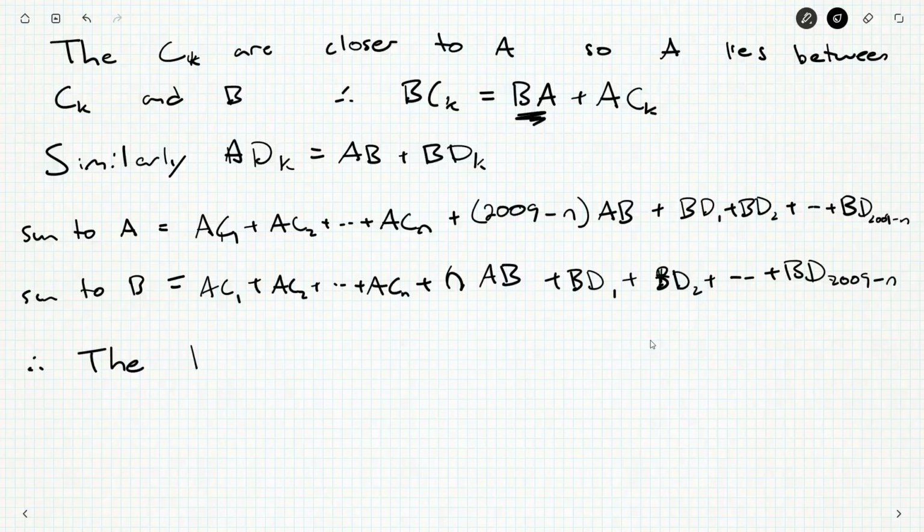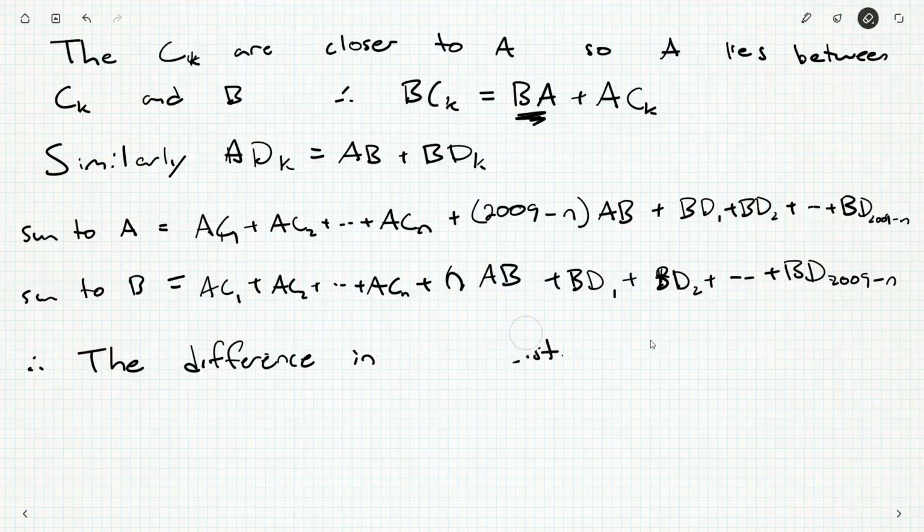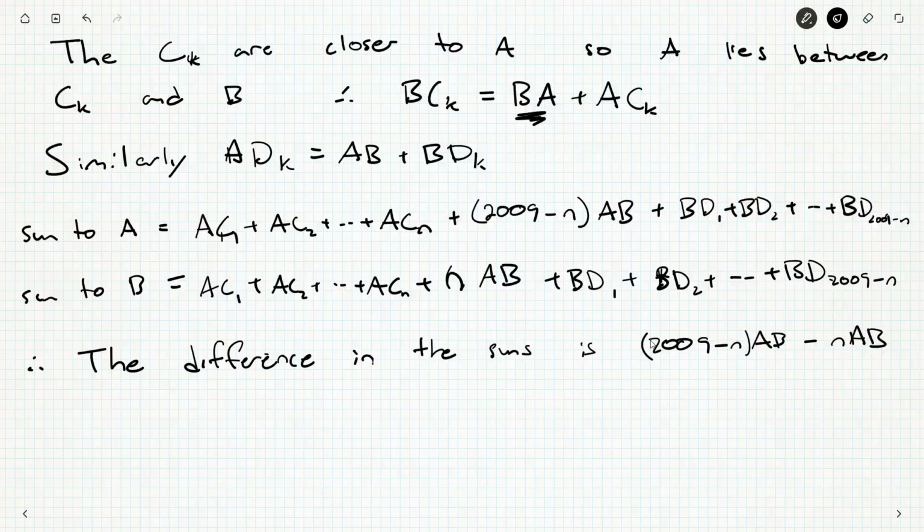So therefore the difference in their sums of distances is 2009 minus N times AB minus N times AB, which is equal to 2009 minus 2N times AB.